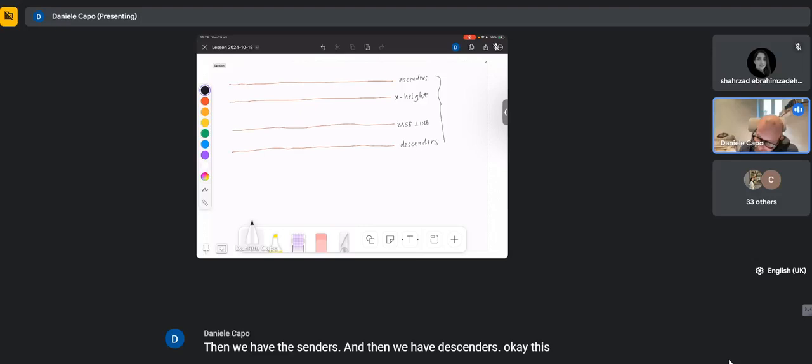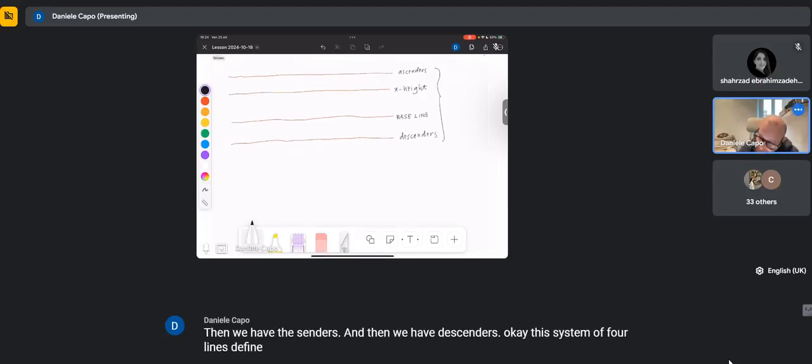This four-line system defines the minuscule or lowercase.